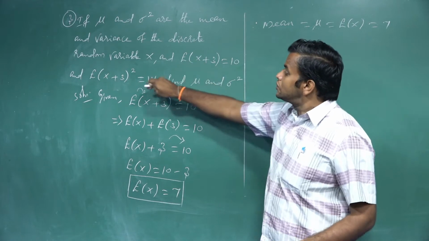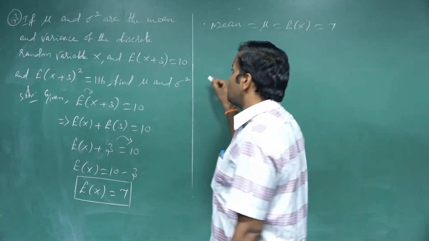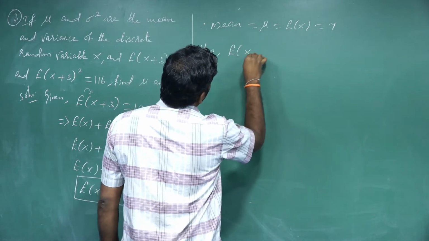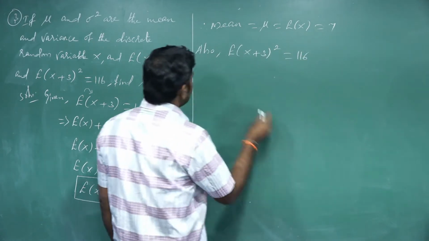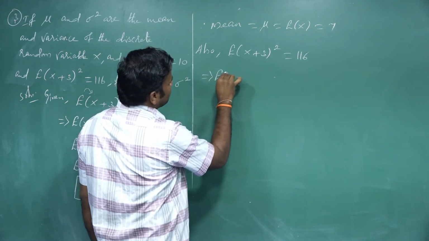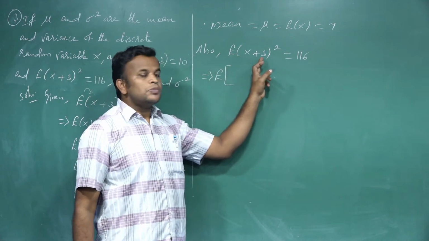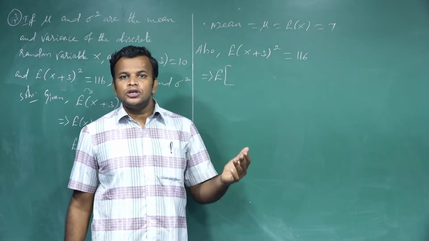So we also use one more piece of data: E of (X plus 3) the whole square is 116. First of all, expand this using (a plus b) the whole square. The formula of (a plus b) the whole square is a square plus 2ab plus b square.